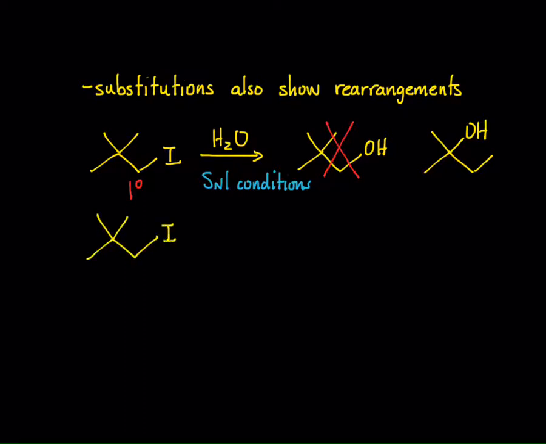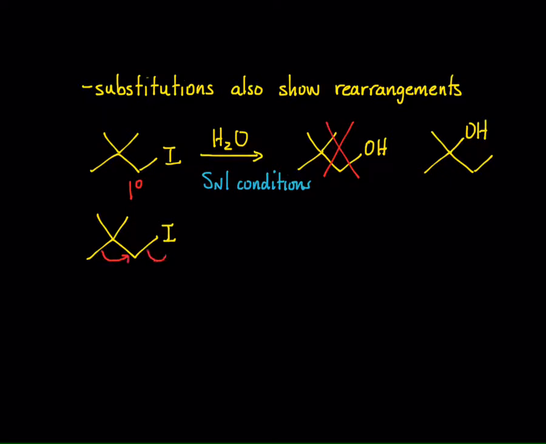Now, in this case, we have an alkyl iodide and it's not going to form a primary carbocation. And so what must happen is iodide is a very good leaving group, and that's why it was chosen in this particular reaction. It can come off if it can be stabilized by a nucleophile coming in.